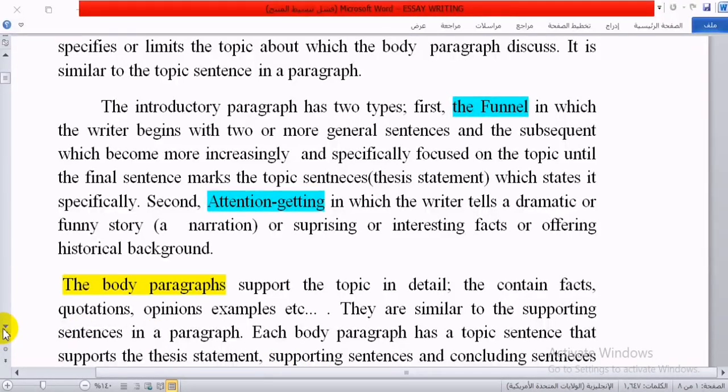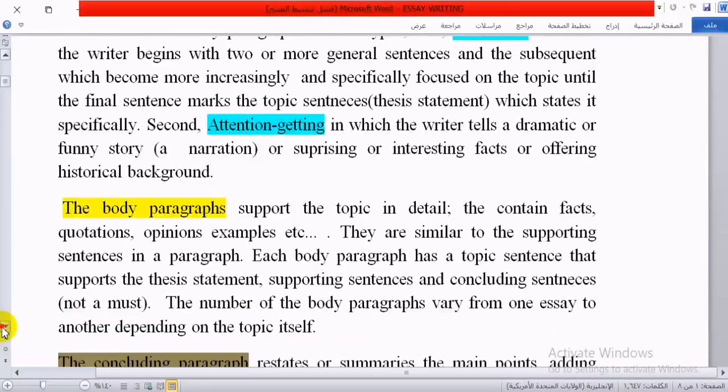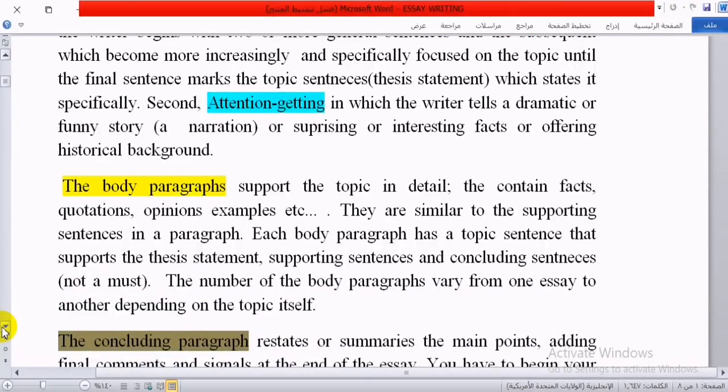The second part of writing an essay is the paragraphs. Paragraphs resemble the supporting sentences in a paragraph. We say that a paragraph has a topic sentence, supporting sentences which are major and minor, and the concluding sentence. In the paragraph we have supporting sentences, while in the essay we have supporting paragraphs.